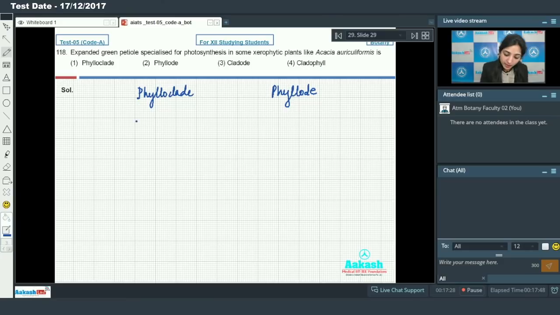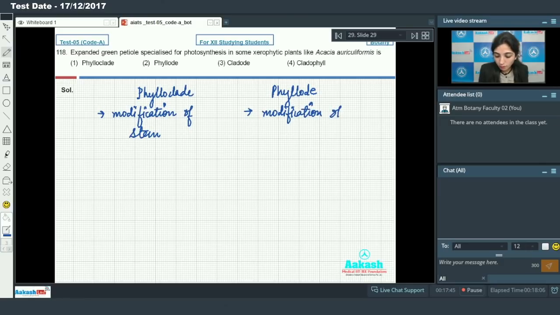Phylloclade, as we all know, is the modification of stem, and phyllodes on the contrary is the modification of leaf or petiole. Petiole becomes flattened, green, leaf-like and performs photosynthesis in phyllodes.